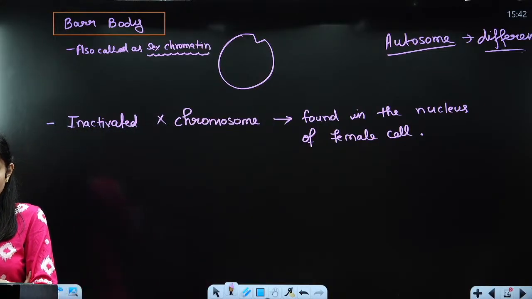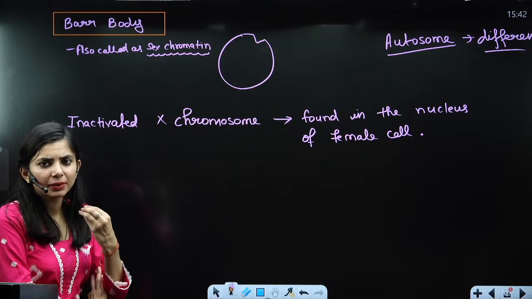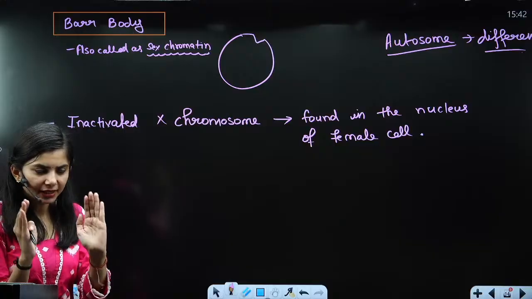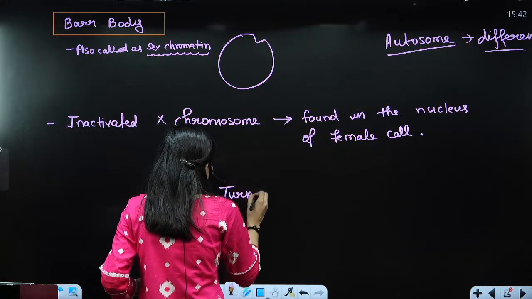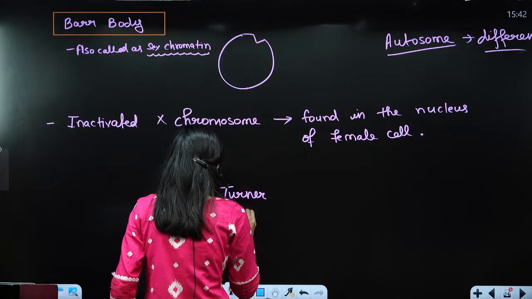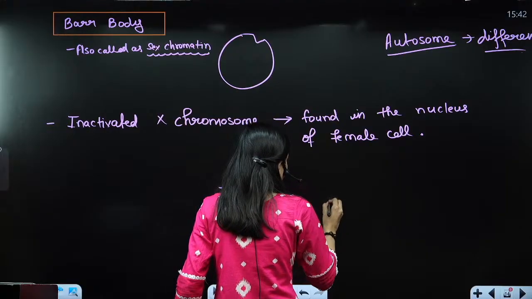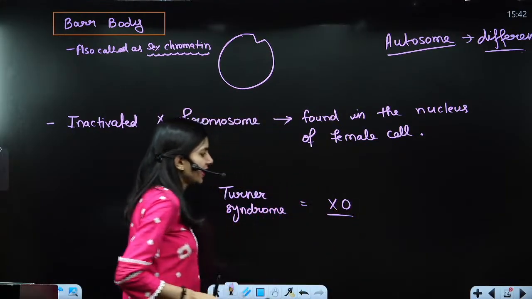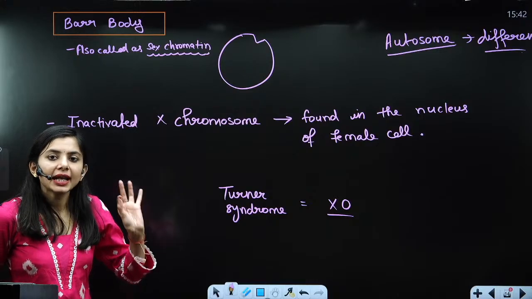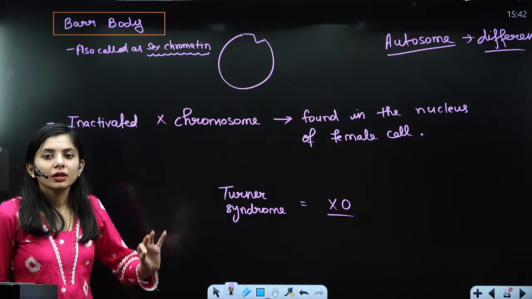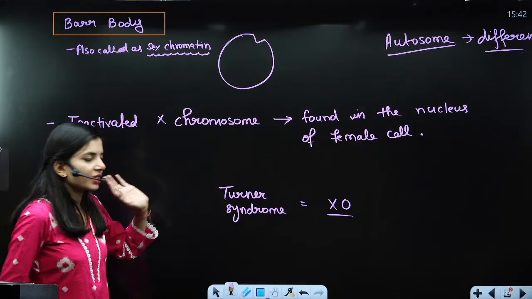Now, how can we specify the Barr body? Just have the basic understanding and tell me. For Turner syndrome, the number was specified as X0. Tell me, is there any chance for the Barr body to be there in the case of Turner syndrome?